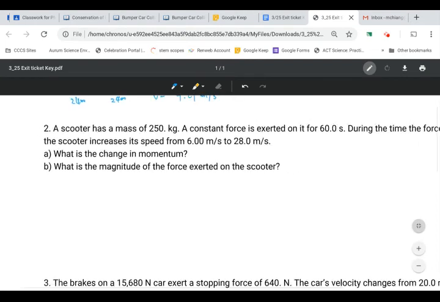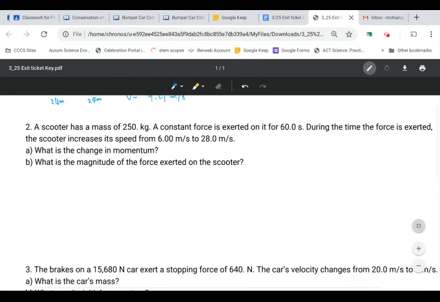Okay. What is the change in momentum? Right? Our given: m equals 50 kilograms, and our force is constant.